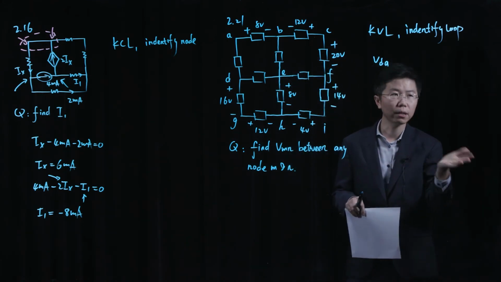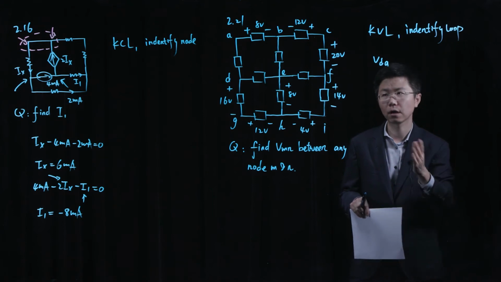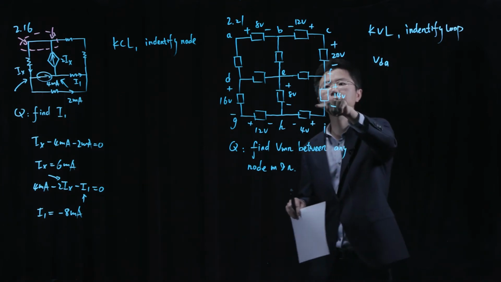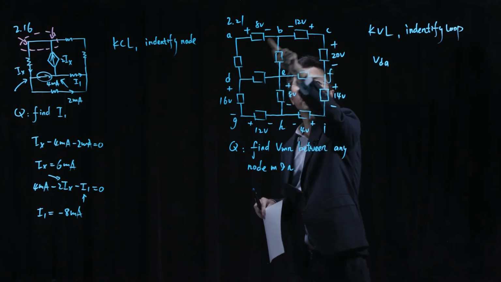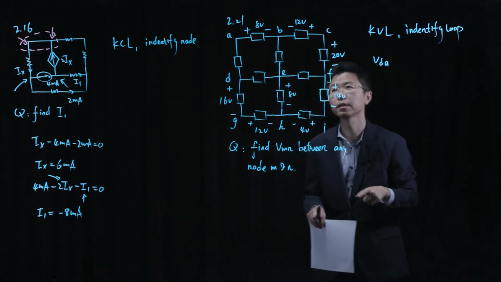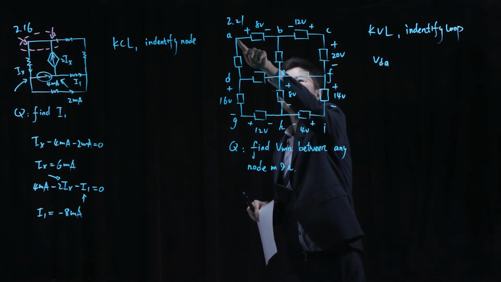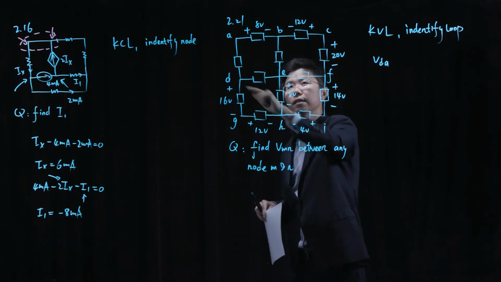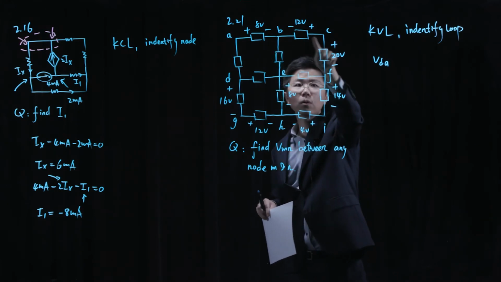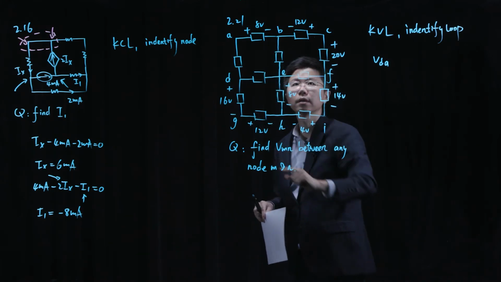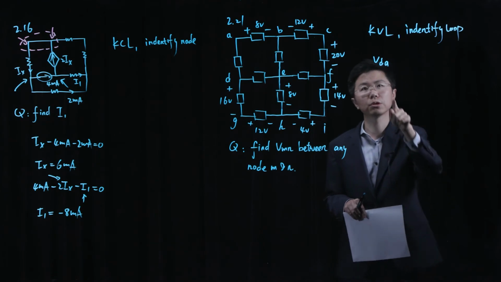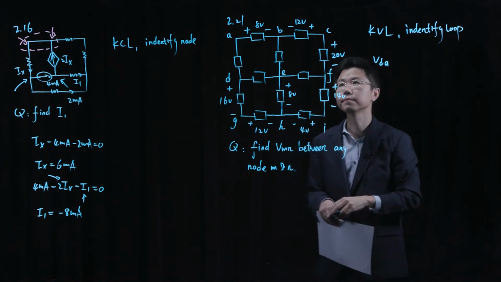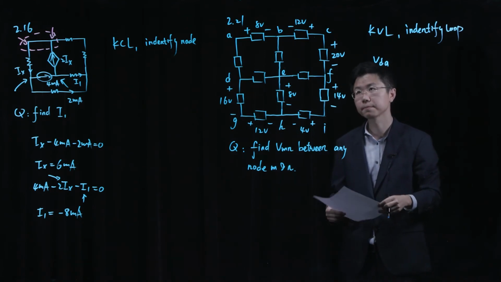So can we find a better loop to solve this? Of course we can. One option is to focus on this outer loop. If you notice, across this loop, A, B, C, F, I, H, G, D, you already know all the voltages across the edges. Then to get the voltage here, you just need to write out your voltage law across this loop, and we're going to do exactly that.